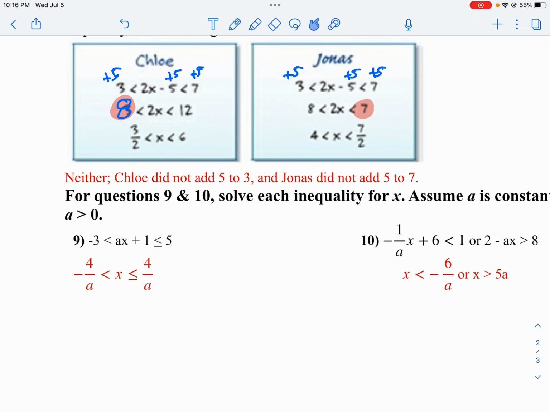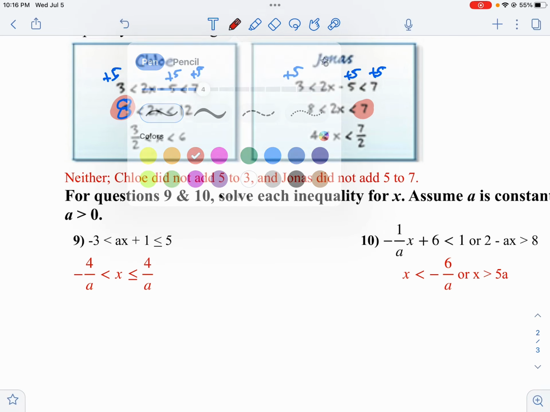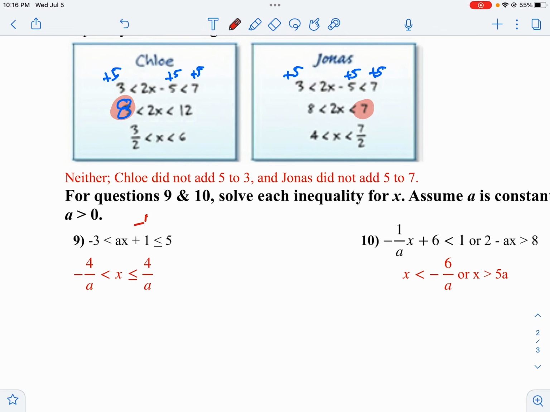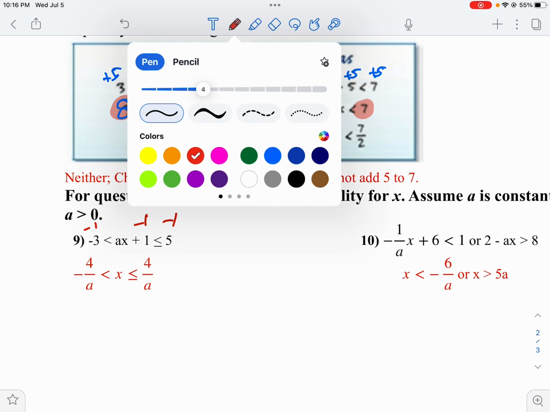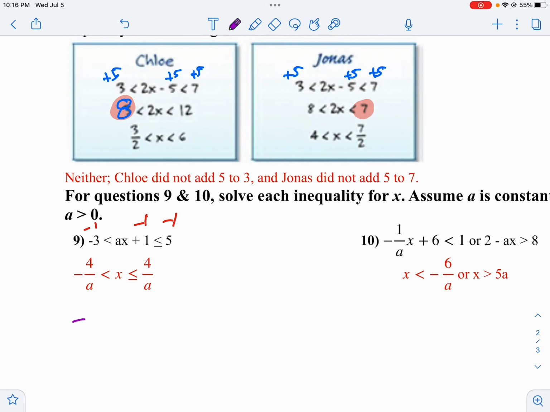On number 9, we'll do the same thing. I want to solve for x. So the first thing we'll do is subtract 1 from the middle, the right, and the left. So we'll get negative 4 is less than ax, which is less than 4.